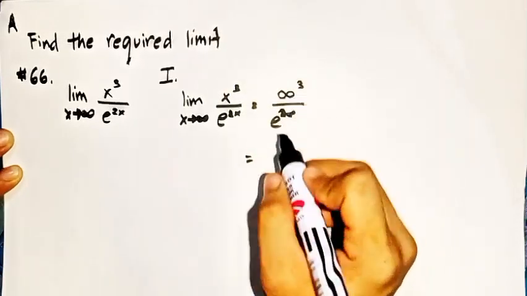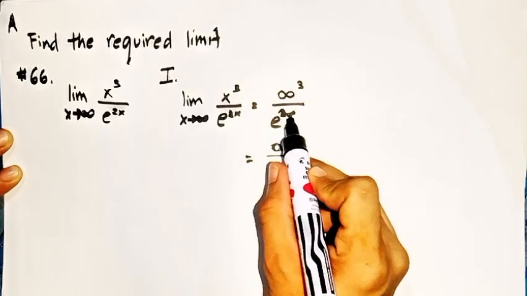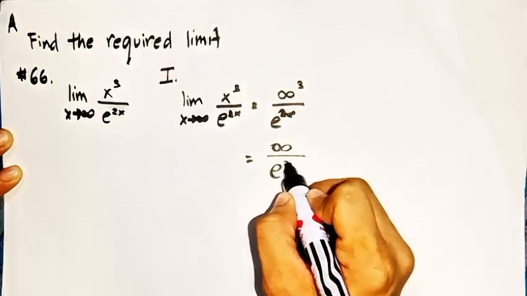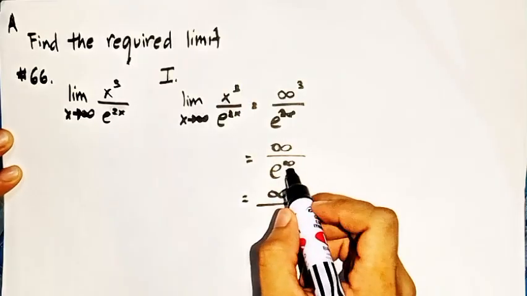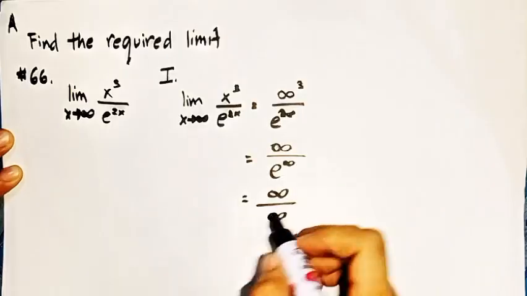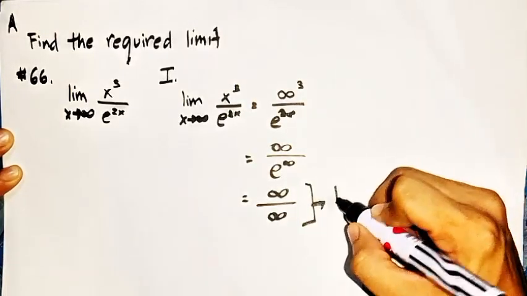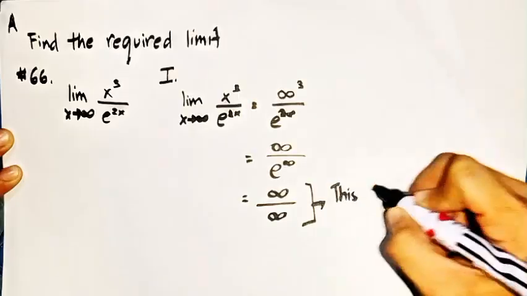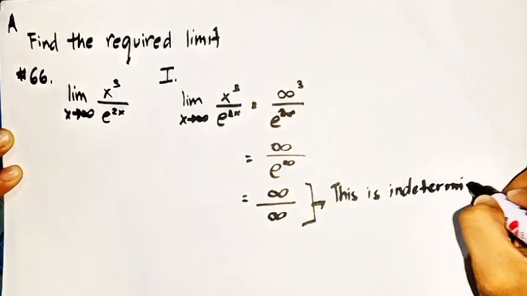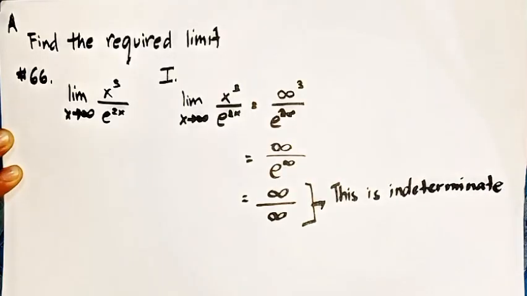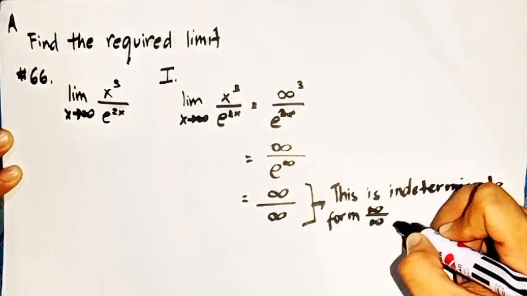So infinity cubed, which is infinity, over 2 times infinity, which is infinity. Infinity over e to the power of infinity, which is infinity. See, this is an indeterminate form, infinity over infinity.